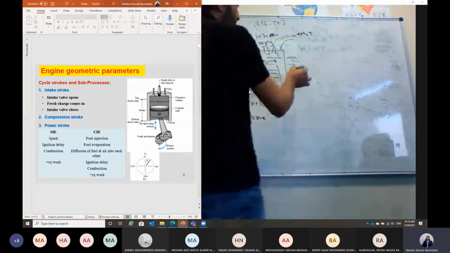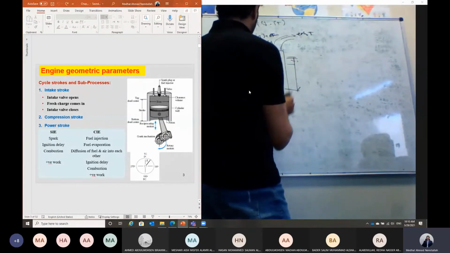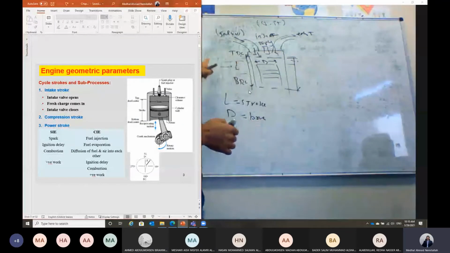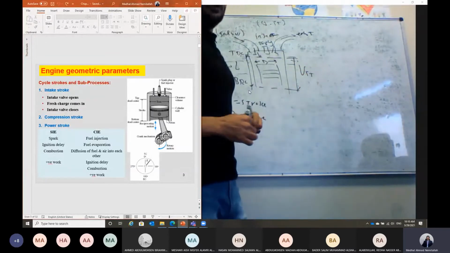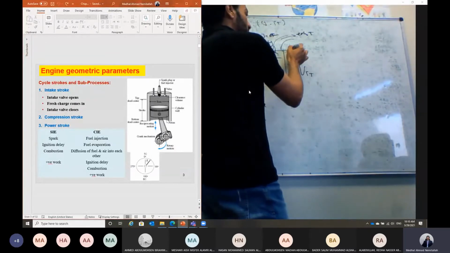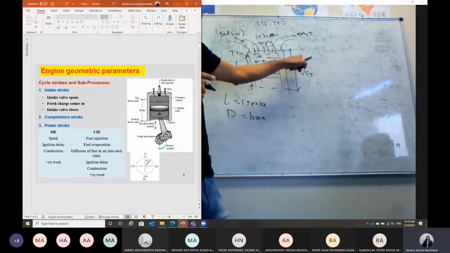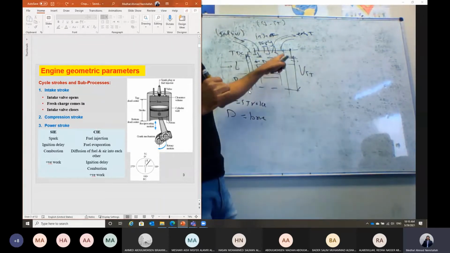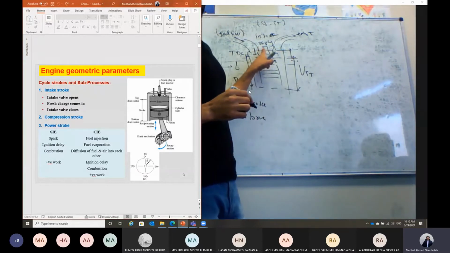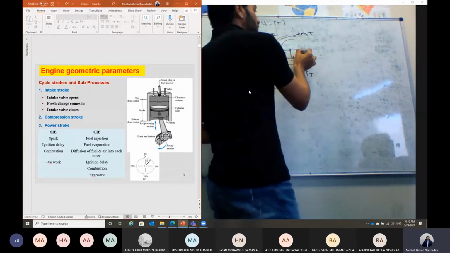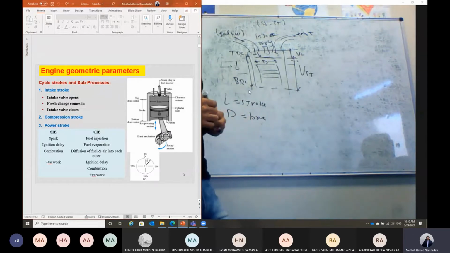Okay. The displacement volume or swept volume, when the piston is moving between the top dead center and the bottom dead center, we call it the stroke volume. And the minimum volume, we call it the combustion chamber. The clearance volume is the minimum volume between the piston head and the cylinder head, and we define it as the combustion chamber.